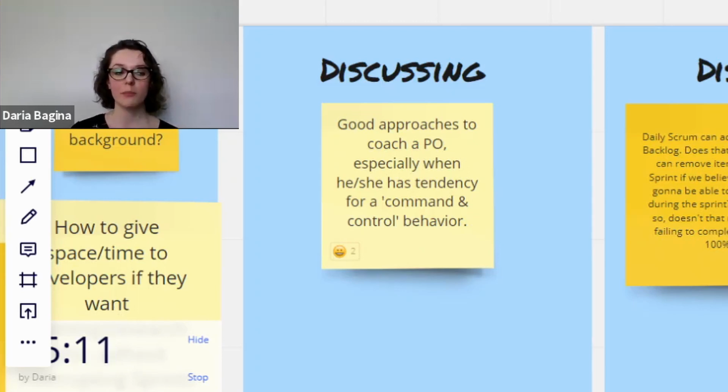There might be some fears around maybe not delivering or being seen in a bad light. If the team doesn't deliver, the PO may feel responsible for that non-delivery. So figuring out those fears and finding ways to address them can help.